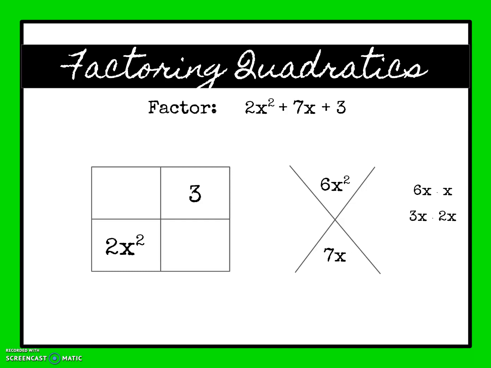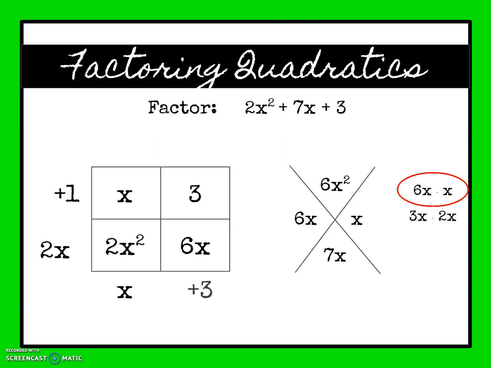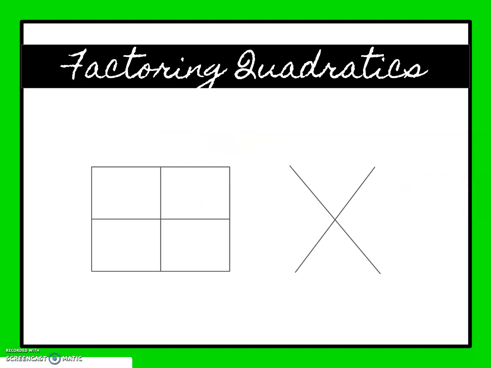These are my factors of 6x squared, and the 6x times x is going to be the two factors that add to 7x. Those are going to go in the corners, and then I'm going to look at what are the greatest common factors between each length and width of my partial areas here. Once I've figured those out, I rewrite my area as a product, 2x plus 1 times x plus 3.